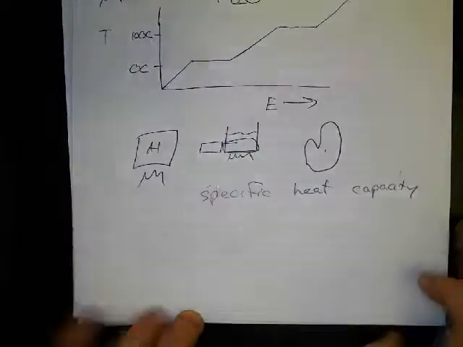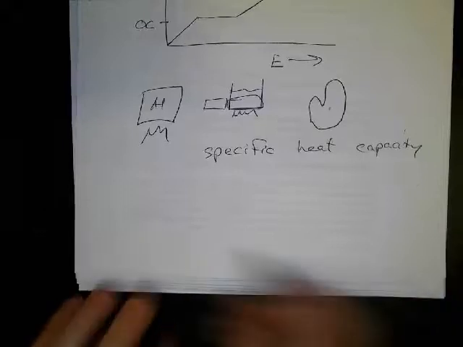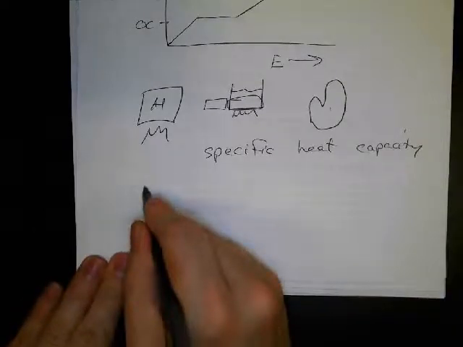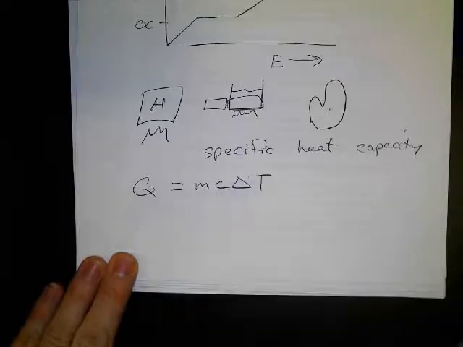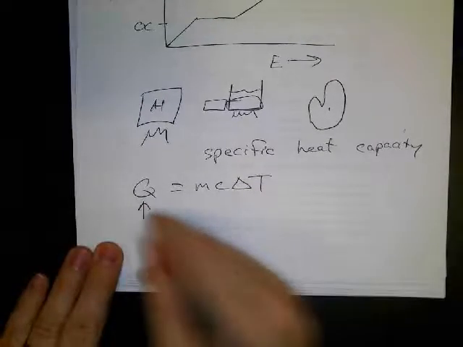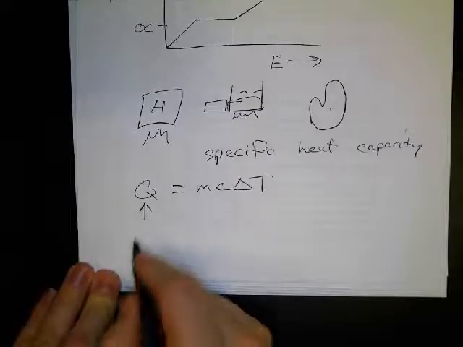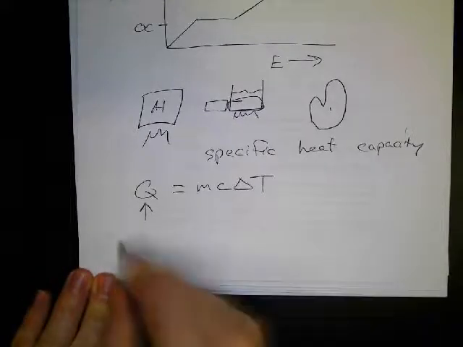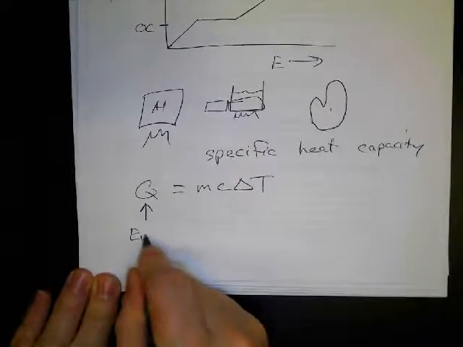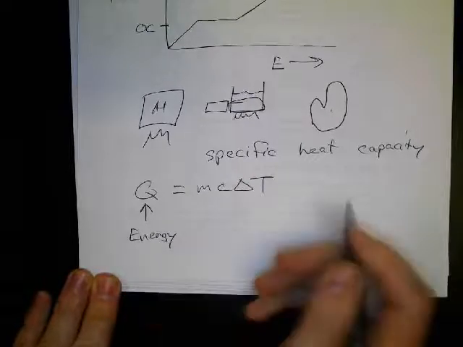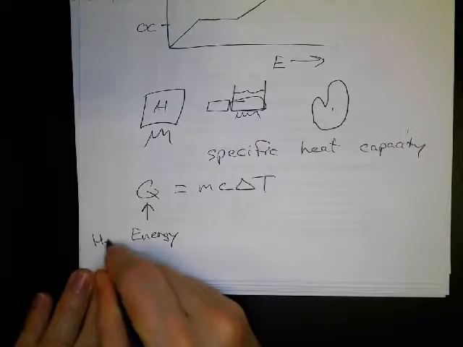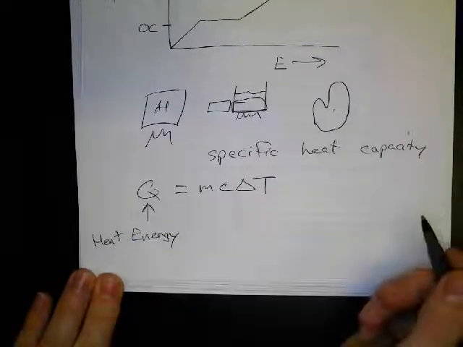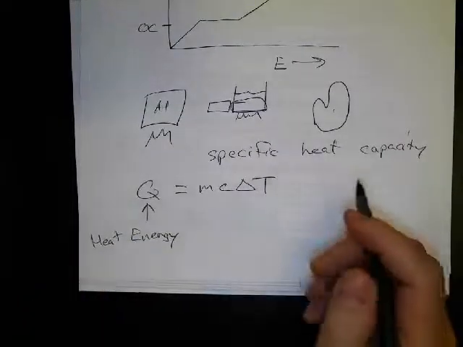And the equation that relates these things is as follows. Okay? Q, in this case, is the letter that chemists have used, and physicists, I suppose, to represent energy. And I should clarify heat energy, because there are other versions of energy that have different letters for it.